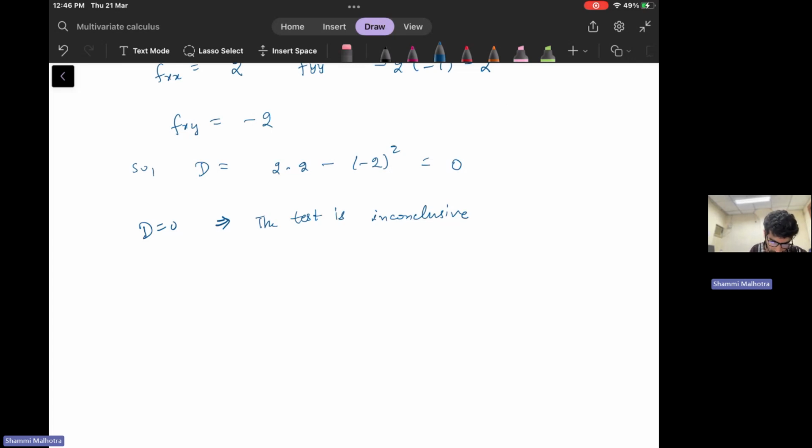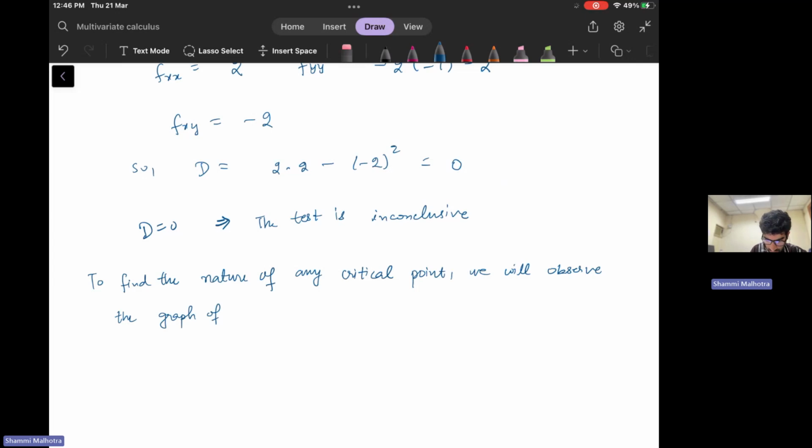So to find the nature of any critical point, we will observe the graph of f near that point.